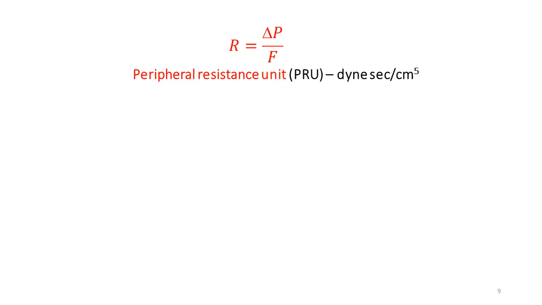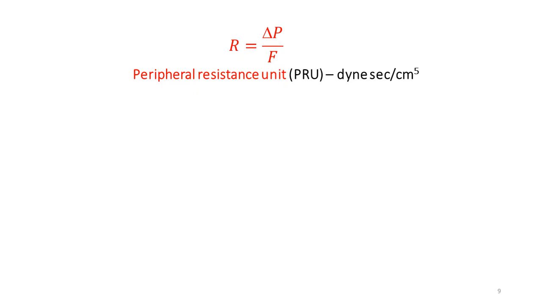The unit of PRU, or resistance, is dyne second per centimeter to the power of 5. So in blood vessels we have a unit for resistance named PRU.